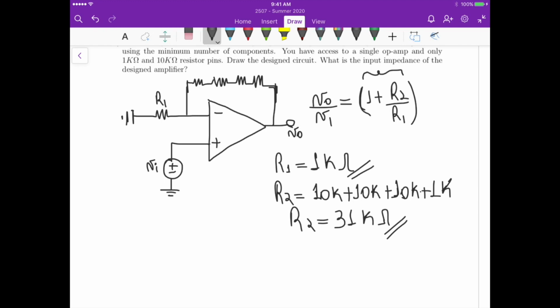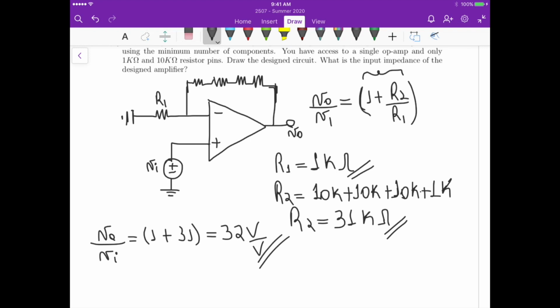Okay. So overall, the gain that we have, V out over Vi, is equal to 1 plus 31K divided by 1K, which is equal to the 32 volts per volt that we needed.